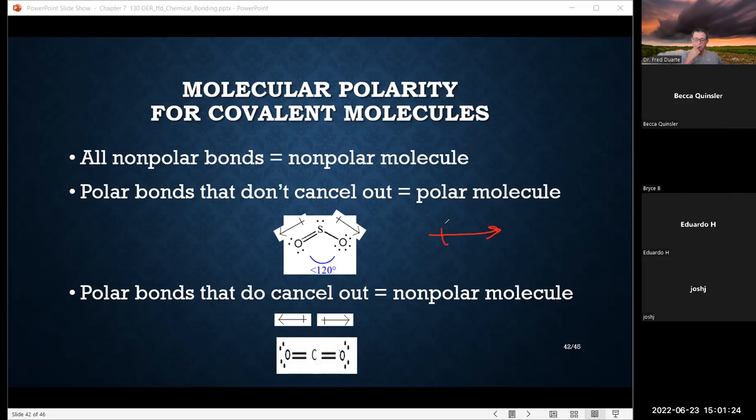That means I can say to you north, but that doesn't mean anything, right? But if I say 50 miles north, then you know exactly I'm going 50 miles north, east, west, whatever. It has direction and magnitude. Well, polarity has a similar thing, and that arrow represents the magnitude or the strength of that polarity, and it has direction.